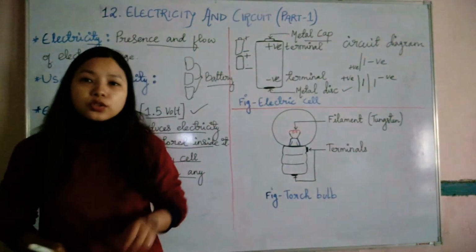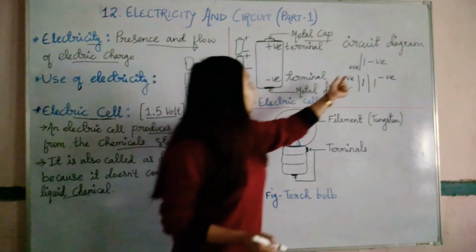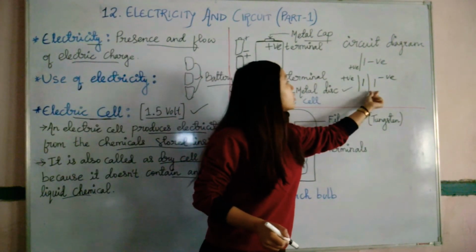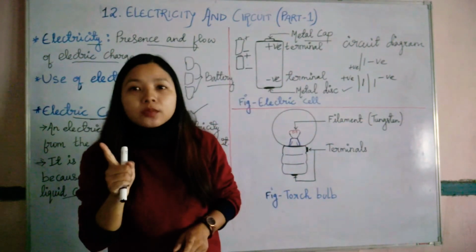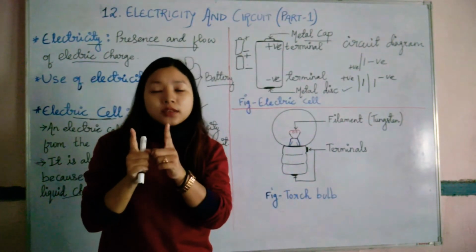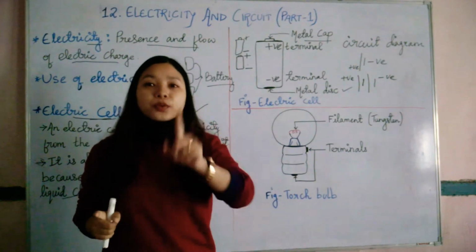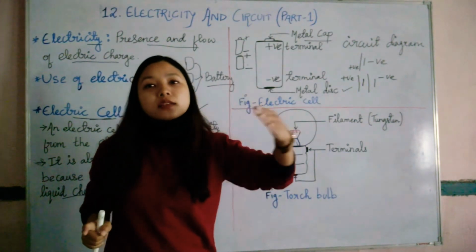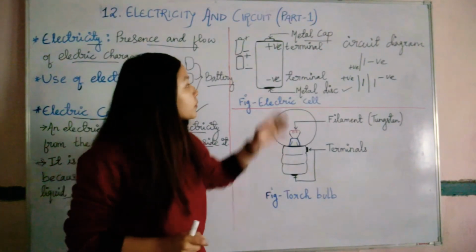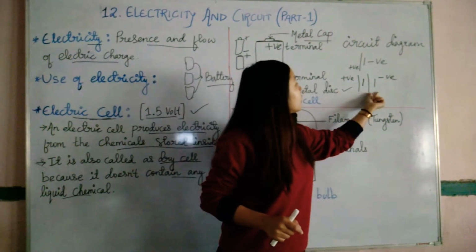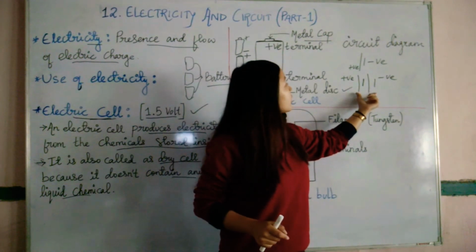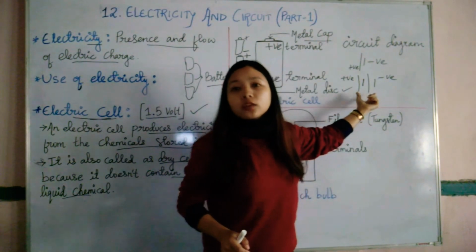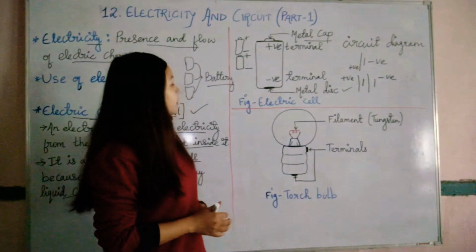If you want to put three cells, you will draw three. This is one, this is two, you can add one more. But always remember, nearby the positive, negative will come. Negative, positive, like that in a series it will go. If there are two or more cells, we can call it a battery.